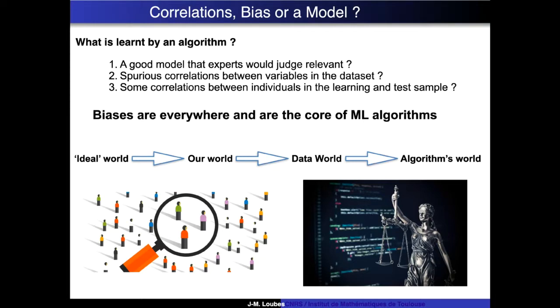For instance, if I am in France and I want to use a machine learning model to forecast if someone could be hired, for instance, as a data scientist, then I'm pretty sure, if I'm not cautious, if I use the data as they are recorded, I'm going to have a gender issue, and I will have at the end an algorithm that will amplify the bias already present. So maybe the world you want to create should not be driven by our world, but by an ideal world where there will be no bias.